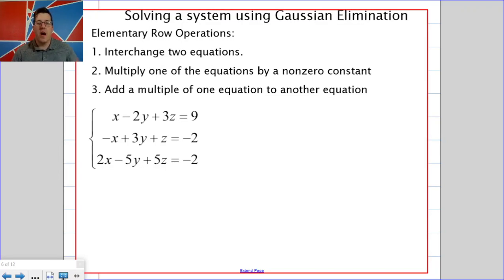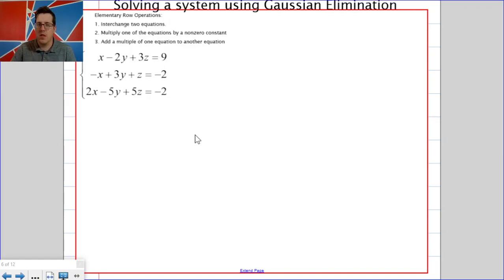The difference between Gaussian elimination, which is on the screen now, and Gauss-Jordan elimination only has to do with the end point. So for now, try not to worry about the specifics of that, just how to do what it is that we're trying to do.